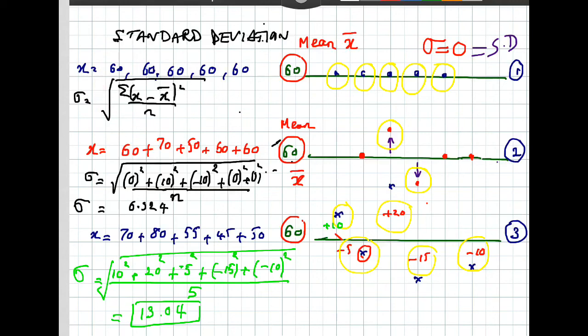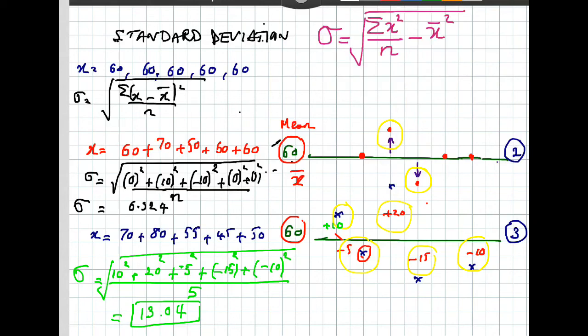This formula is the sum of all the squares of the observations divided by the number of observations, then minus the square of the x bar, or the mean, and then all that under the root.